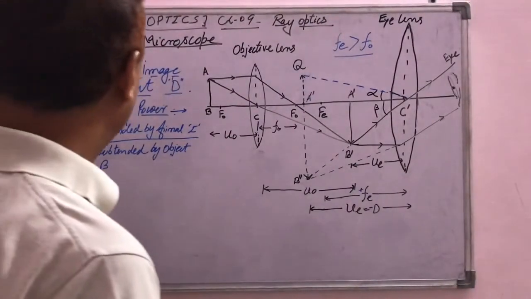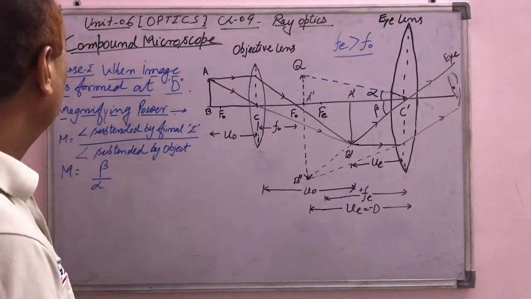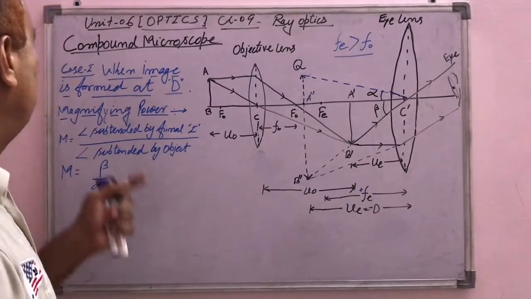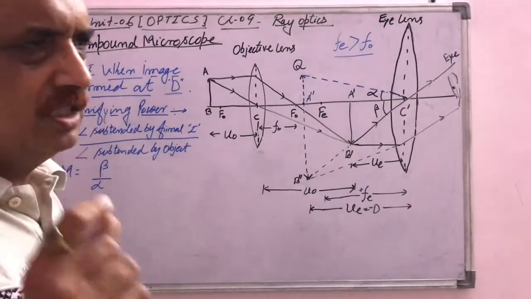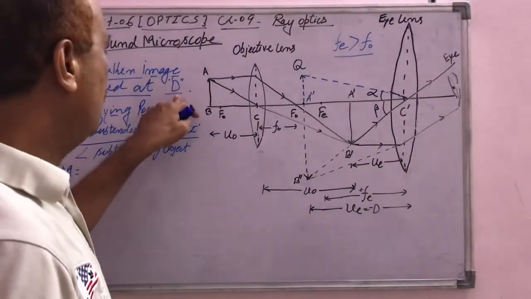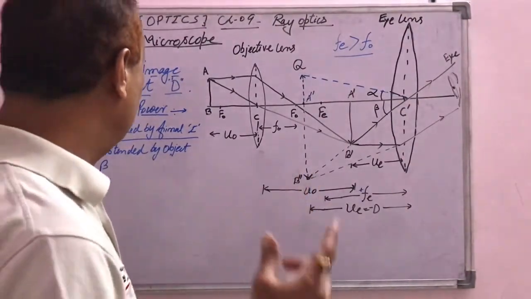The next thing is, first of all we have to discuss the first case. The first case is when the image is formed at the least distance of distinct vision, that is D. So what will be the magnifying power of that compound microscope?